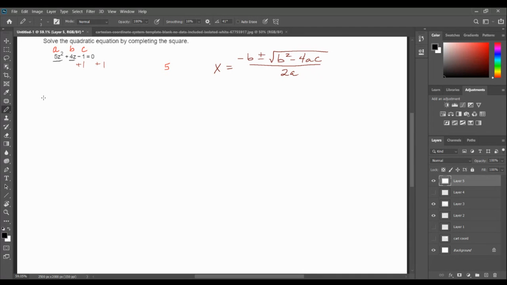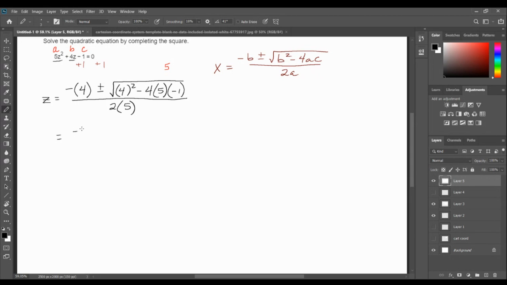And so we can take those. Now I'm going to use z here since that's our variable. But that equals the opposite of b. B is 4. Plus or minus the square root of b squared minus 4 times a, which is 5, times c, which is -1, all over 2a, and a is 5.